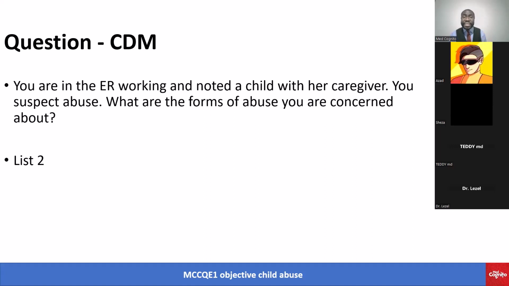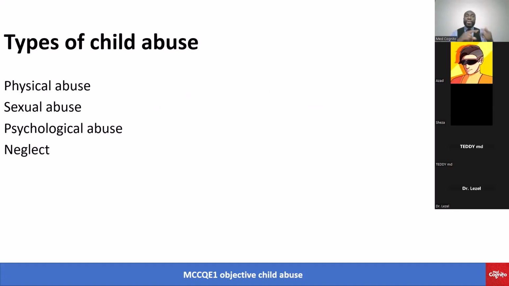Dr. Freddy says physical abuse, sexual abuse, neglect. Beautiful, I like that one. Neglect, very, very important. Physical, beautiful. Emotional, okay, good. So it looks like we are getting it. Physical abuse, sexual abuse, psychological abuse, neglect: all these are forms or types of child abuse.